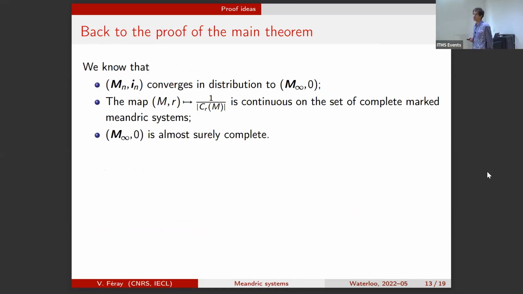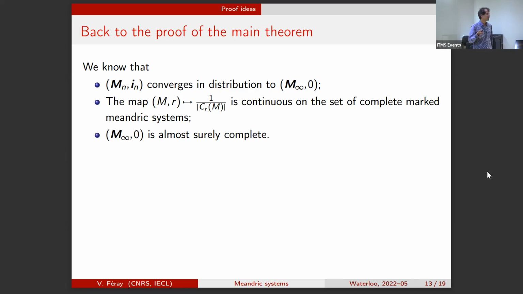Okay, so that was a bit of a technical argument, but now we can put things together. We won't directly have the proof of the theorem that I announced, but we will have a weaker version where we only have convergence of the expectation. But that's already something, and I will comment on how to get the stronger version later.